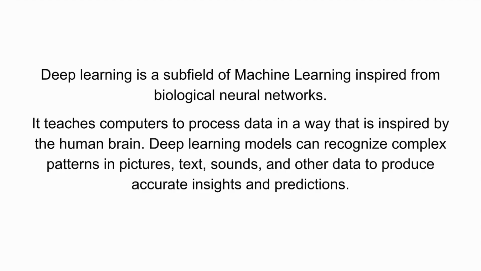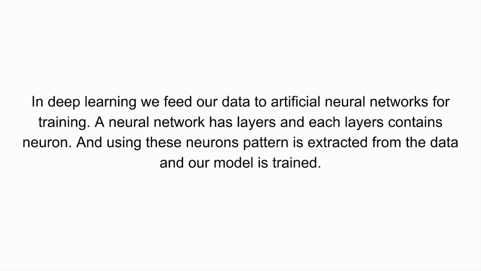Deep learning models can recognize complex patterns in pictures, text, sounds, and other data to produce accurate insights and predictions. So based upon this detail, we can say that in deep learning, machine learning models are trained just like the human brain. So in deep learning, we feed our data to an artificial neural network for training.